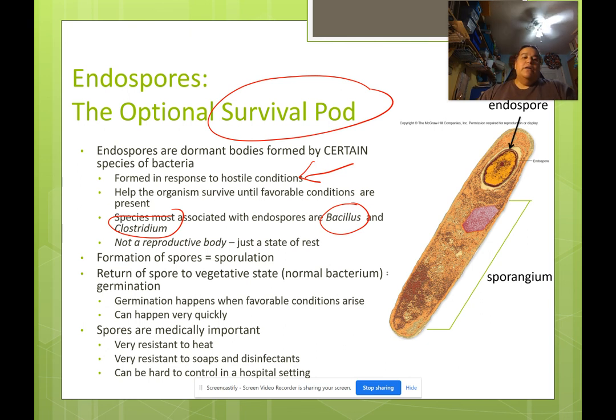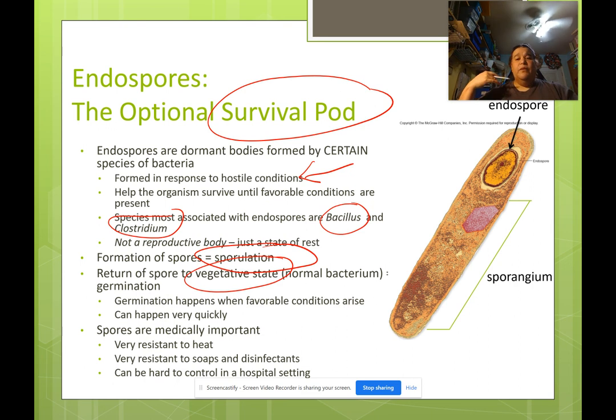So, when we are talking about making spores, the formation of spores, we call that sporulation. That is just the proper way of saying it. When you go from being a spore to being active, we say that it's the return of the spore to the vegetative state, meaning it is a normal bacteria.